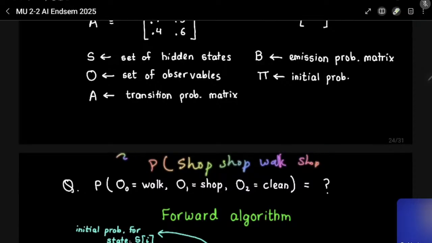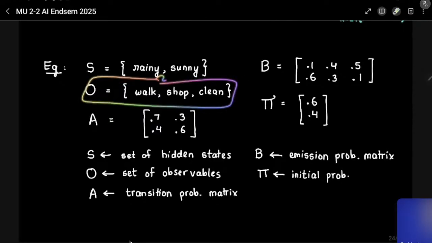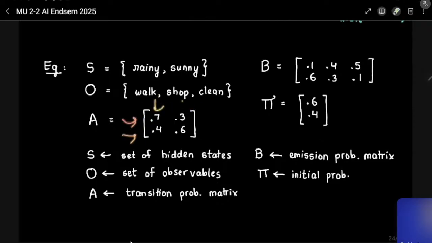The length can also change. You can have a very long sequence. But this is the set of observables. Once you fix this, do not change the order. Let us keep it that way, because the probabilities in the transition matrix and the emission matrix depend on the order that you fix here.